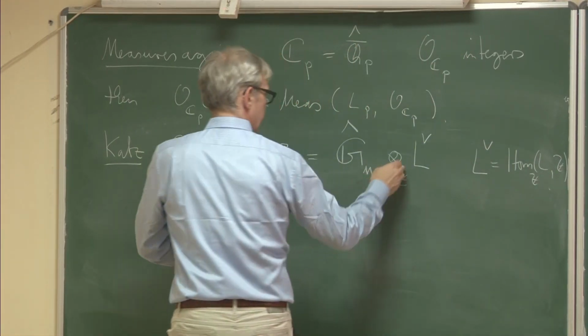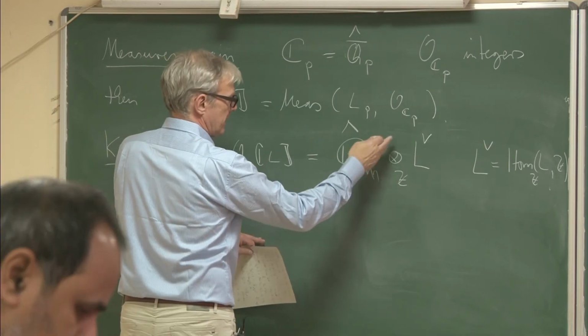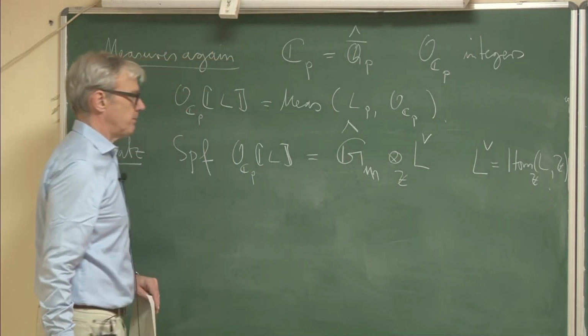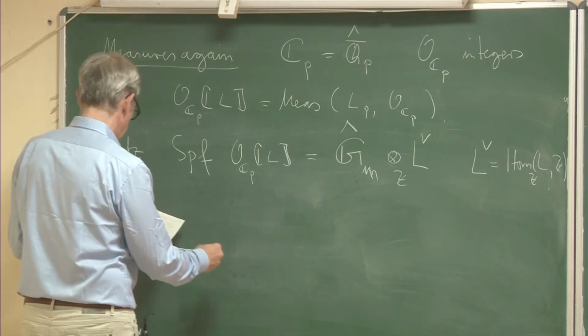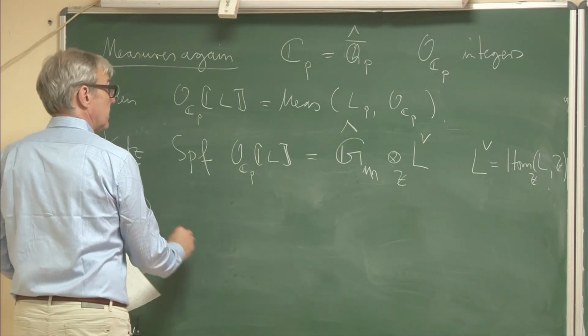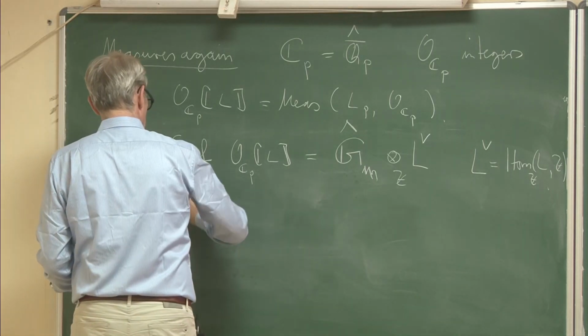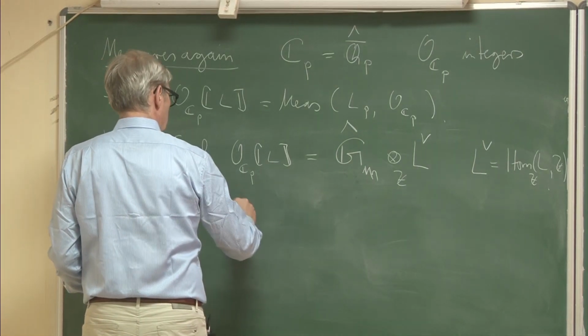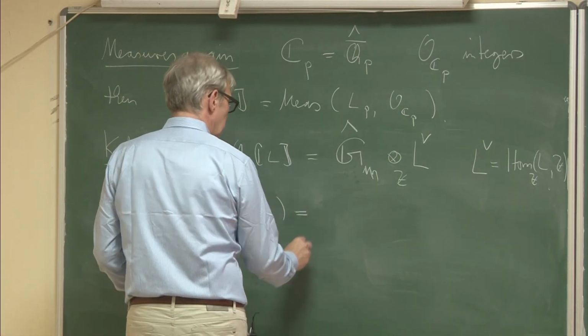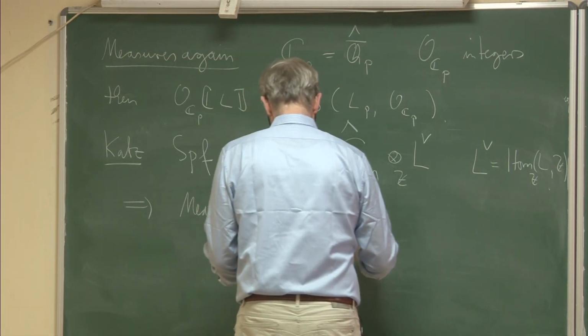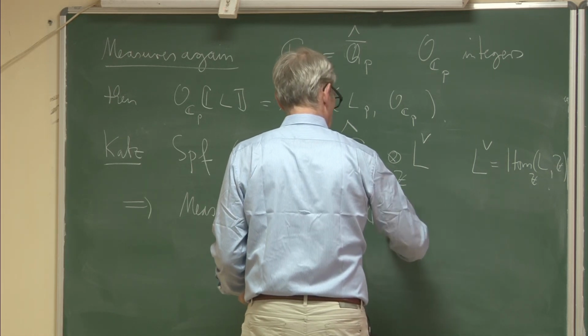This means choosing a basis, you get simply n copies of the formal multiplicative group. So this implies that the measures on L_p with values in O_{C_p} are just the global functions of this formal variety.